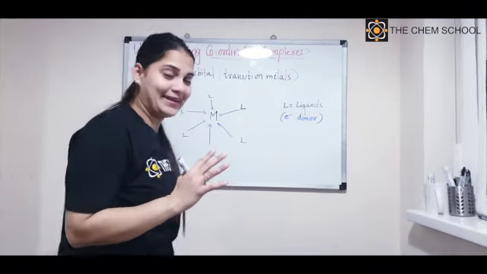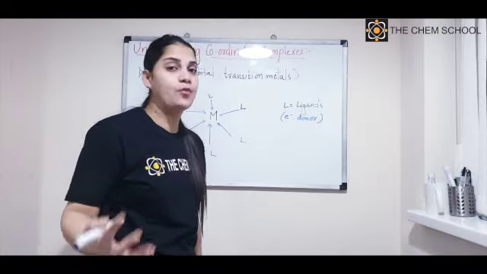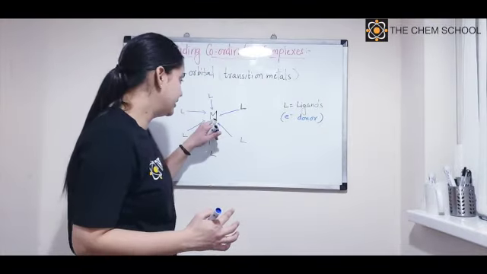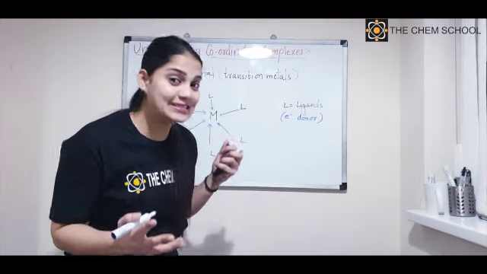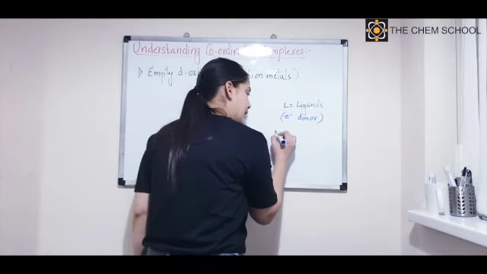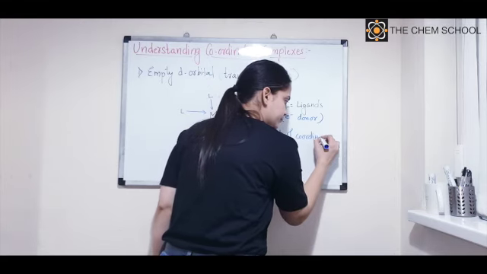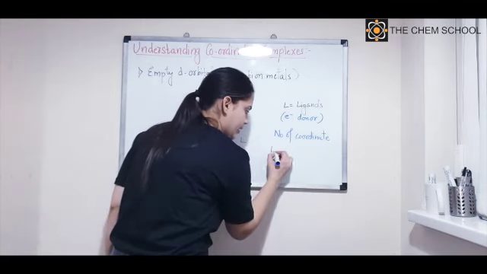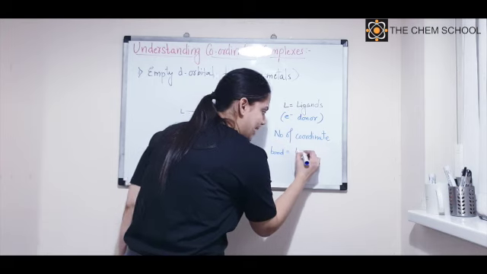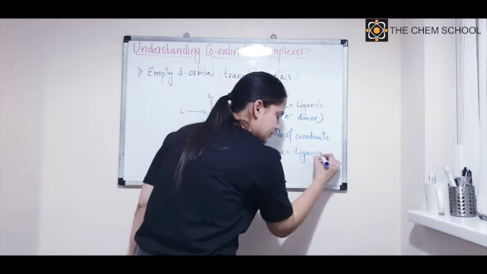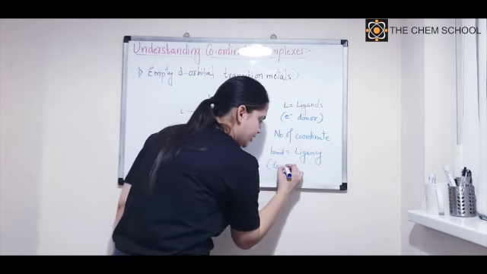The number of coordinate bonds that are formed across this metal is called the ligancy. I repeat, the number of coordinate bonds is equal to the ligancy, or you can say it is the coordination number.